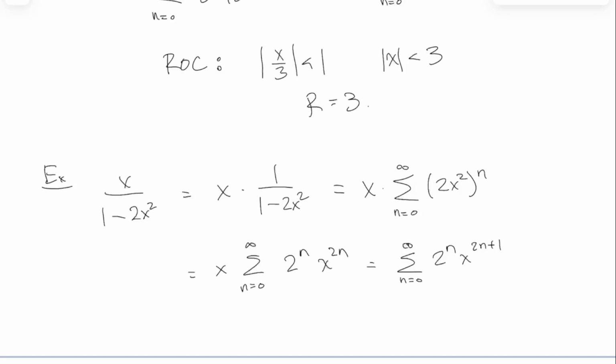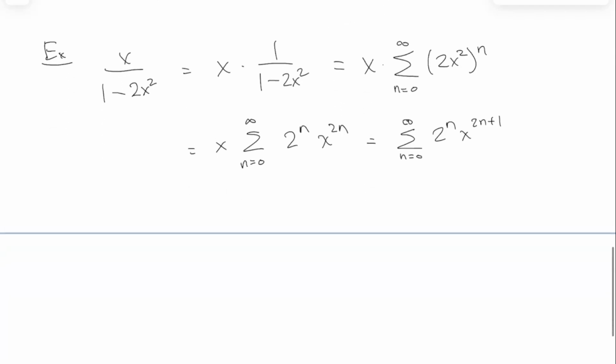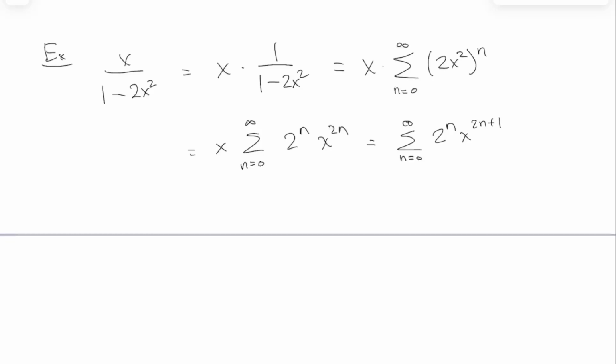This is my series. This is kind of cute. You know, if you want to, you can write this again, not using the sigma. What do the terms here look like? They look like odd powers of x with powers of 2 in front of them.